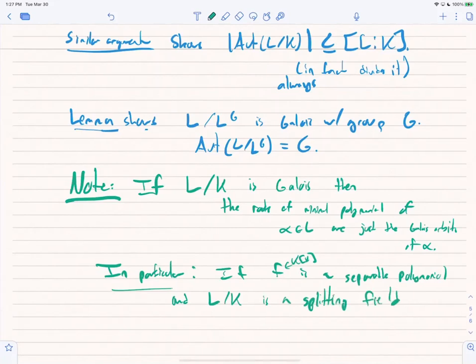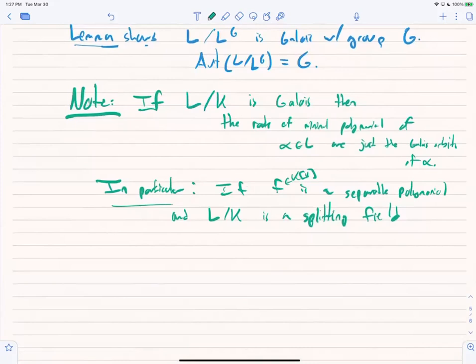then, well, it's just a little bit of work to go from what I just said. The theorem told us that in this case, L is Galois. So we know this is a Galois extension, and this note applies.